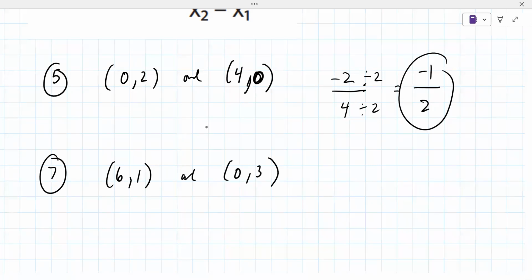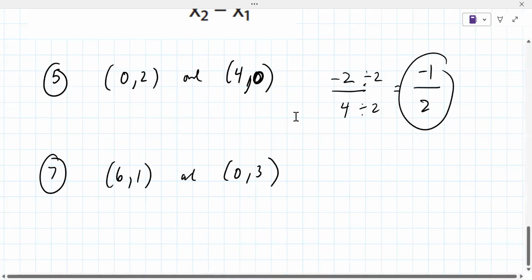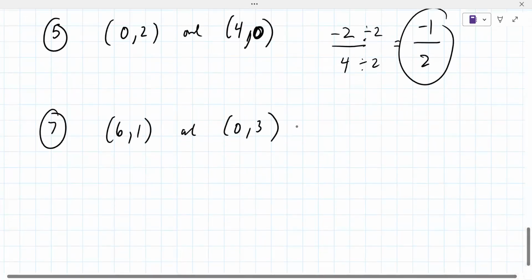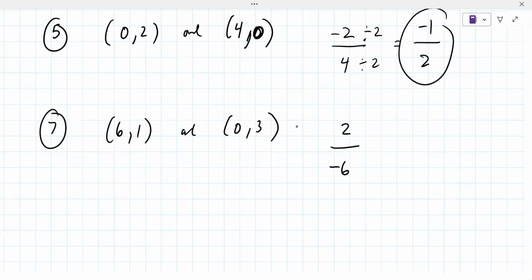Yes, divide both. Oh, okay. So you divide them both by 2, right? Yes. Okay. So it would end up being -2 divided by 2, so -1 over 3.